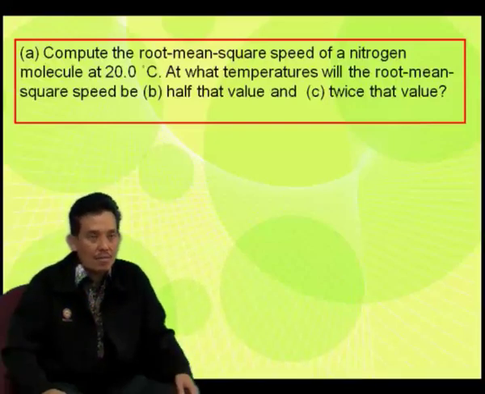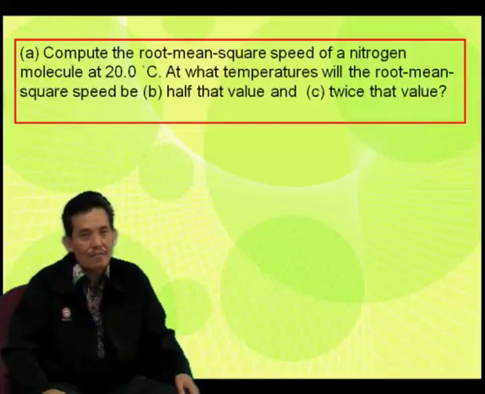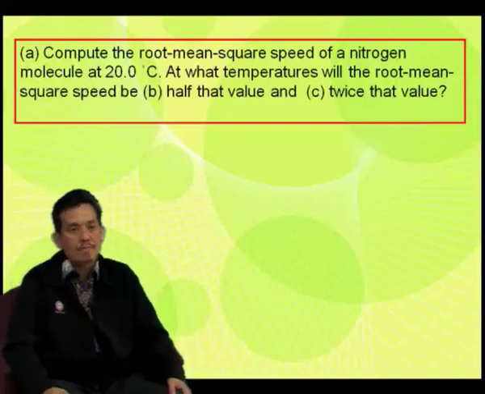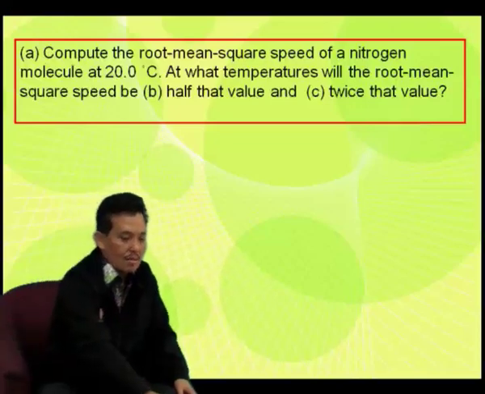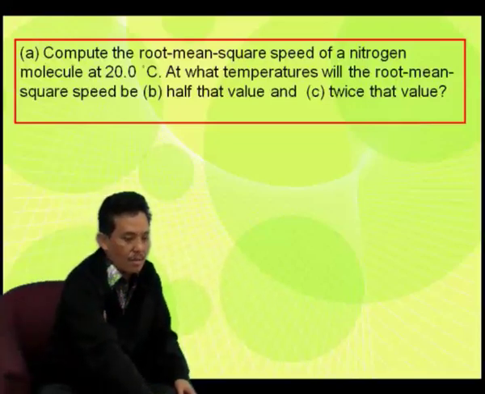You can write down this question and just do it by yourself. You can discuss with your friends, of course, but you need to understand based on the explanation I have given you previously.